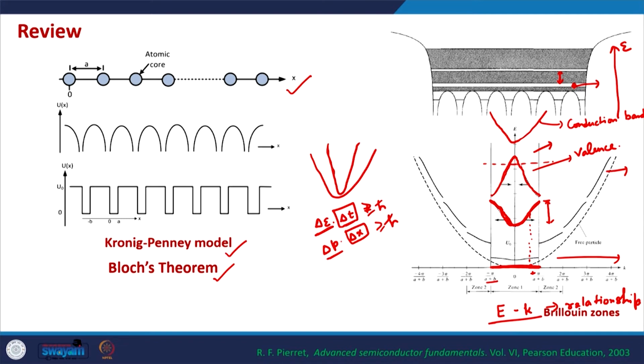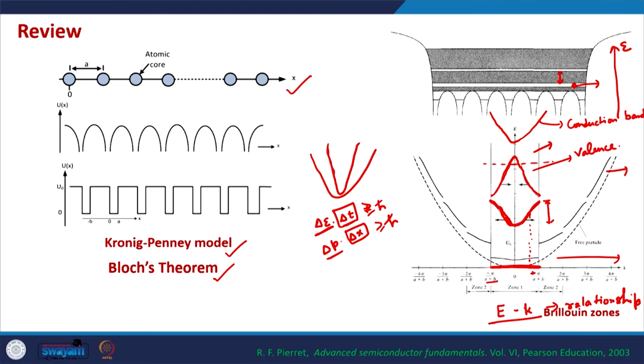So, in devices we will have a bunch of wave functions describing the electron, and the various wave functions in that bunch will have different energies. So, that is known as the wave packet. So, one wave packet will have many waves corresponding to different energies and K values.